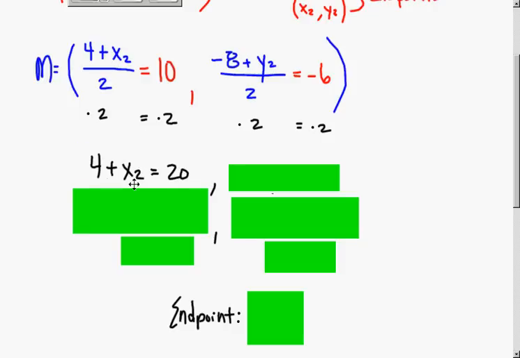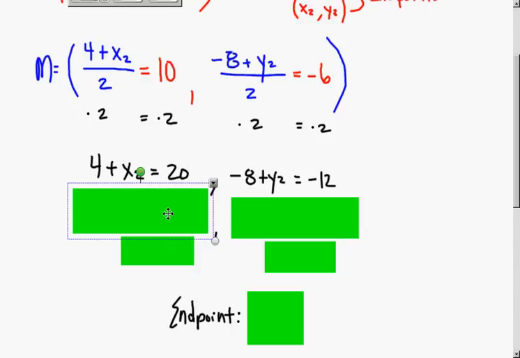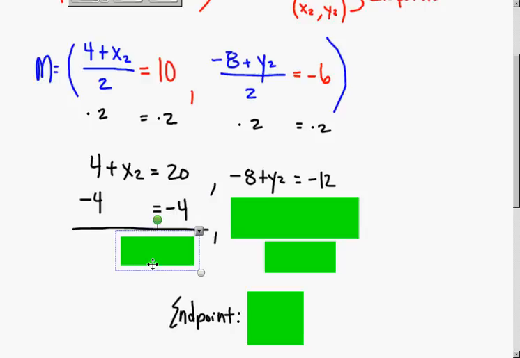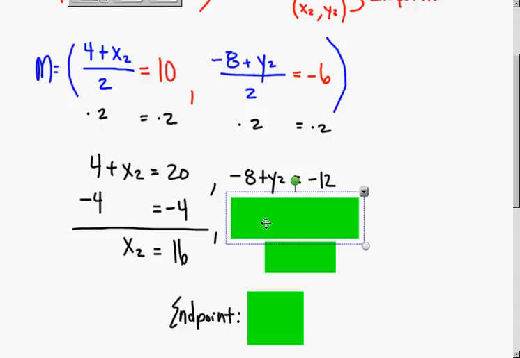Your 2's would cancel out, and you'd wind up with 4 plus x2 equals 20. And your y's would be -8 plus y2 equals -12. To solve for x2, we'd subtract 4 from both sides, and you'd find out that your endpoint for x is 16.